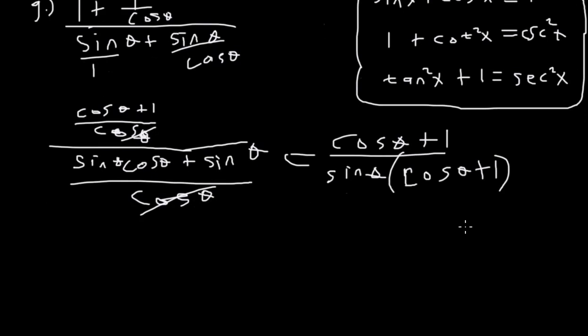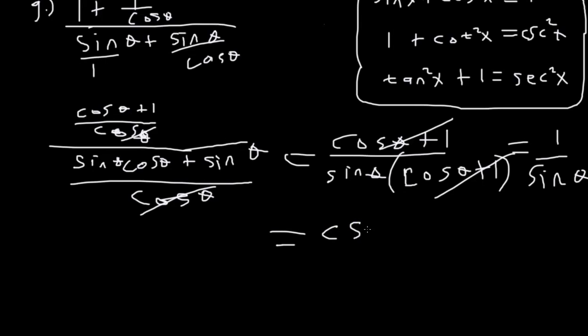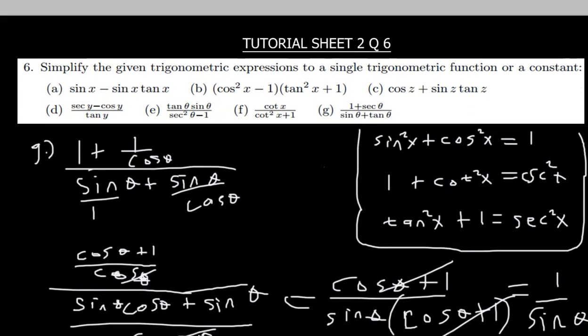So now you go on to cancel that, so that you just remain with 1 over sine theta. Then we know that 1 over sine theta is nothing but cosec theta, hence simplified. So this is the end of question 6.